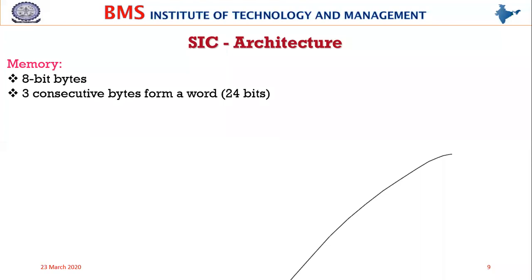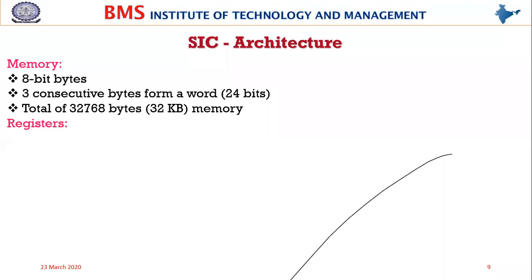So 3 consecutive bytes form 1 word, that is 24 bits is 1 word, right? And a total of 32,768 bytes we have. That is equal to 32 kilobytes of memory in the SIC machine.